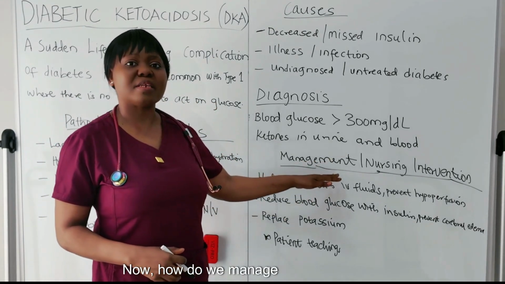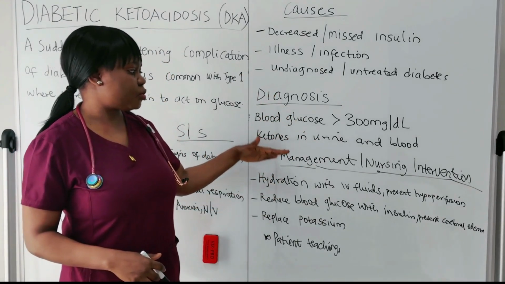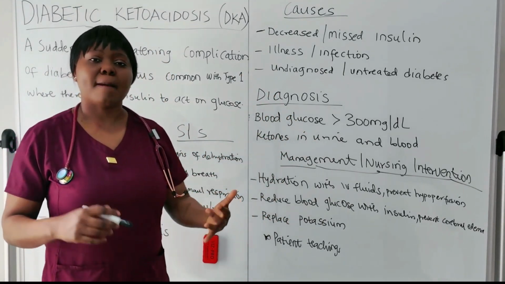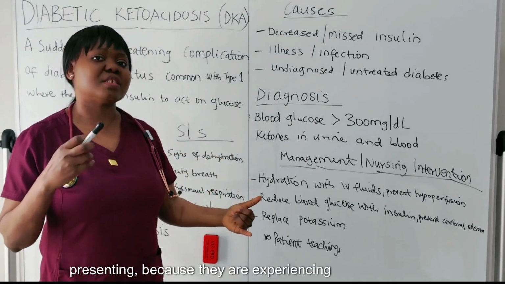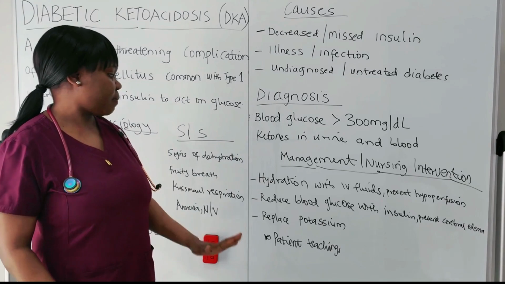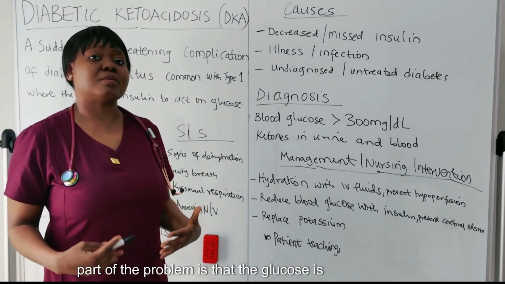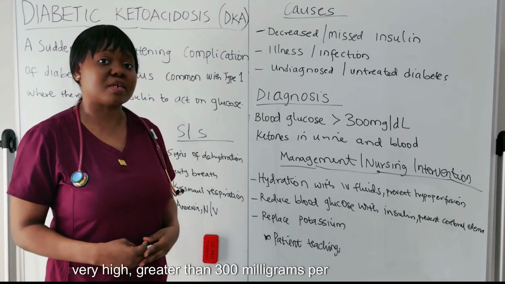Now, how do we manage diabetic ketoacidosis? Based on the signs and symptoms they are presenting, because they are experiencing dehydration, we are going to rehydrate them a lot. We're also going to reduce their blood sugar, because part of the problem is that the glucose is very high, greater than 300 milligrams per deciliter.